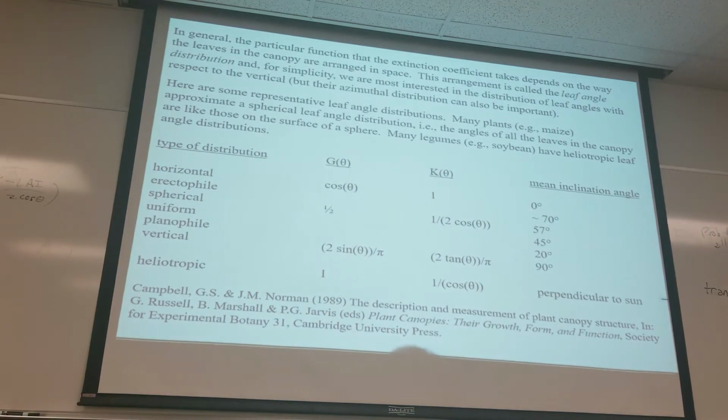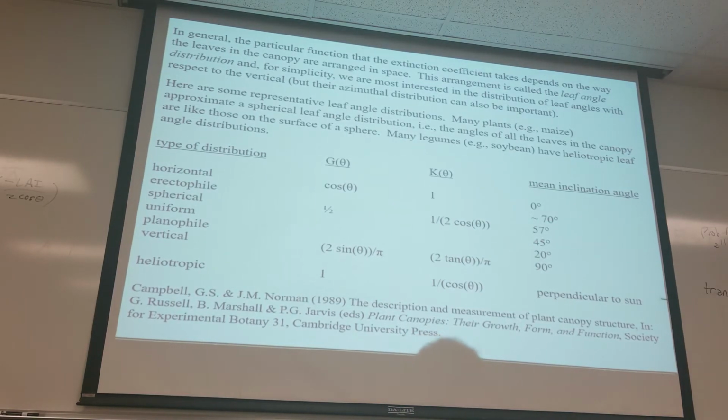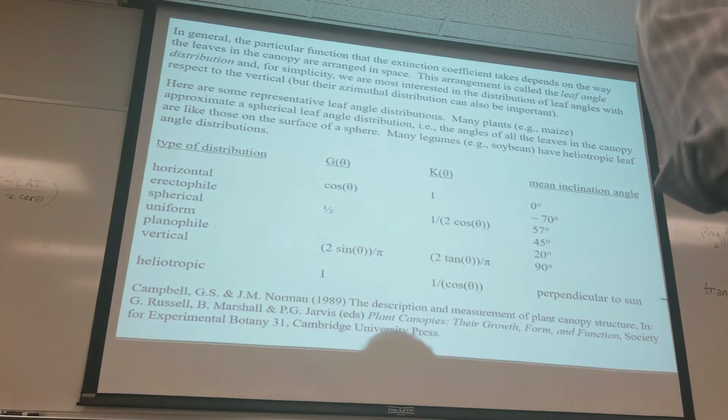But don't change their orientation, just change their position, right? So if you got a flat bit at the top of the basketball, that bit stays flat when it gets rearranged. If you take all that surface area of the sphere, rearrange it at random in a volume, that's a spherical leaf angle distribution. And that's very common for plant canopies.